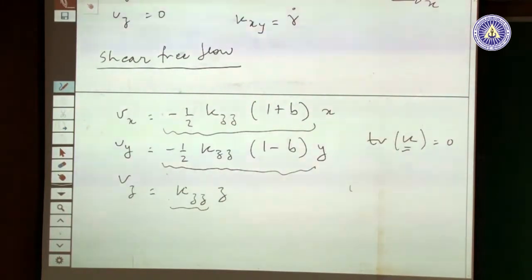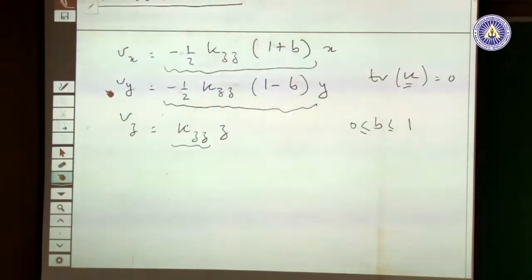By the way, b is a number that lies between 0 and 1. If it is 0, you get uniaxial extensional flow and so on. Different kinds of elongational flow you get for different values of b. And we typically denote kappa zz as epsilon dot, your elongation rate.